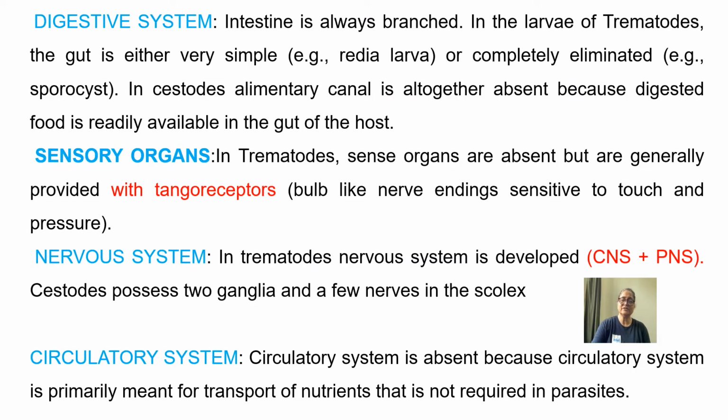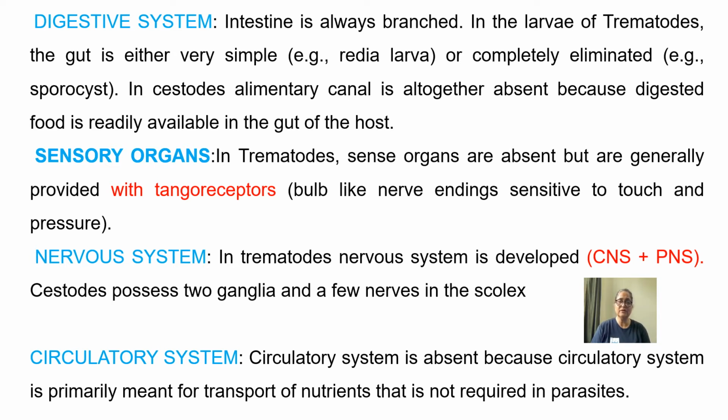Now the digestive system, as I've told, is totally degenerated, but their intestine is well branched, with so many branches, because it takes digested food from the host body. In trematodes the sense organs are totally absent, but they are provided with some senses, that is the tangoreceptor touching organs. They have bulb-like endings to sense touch, pressure and pH of the medium where they are living.